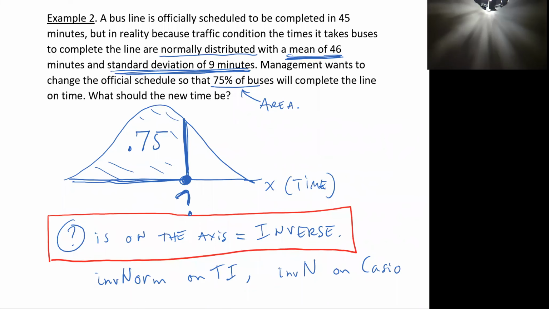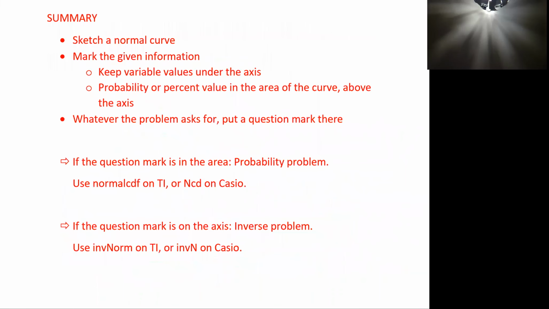All right, so let's summarize what we did. What we should be doing is we sketch a normal curve, draw a bell shape, and mark things on it. What are we marking? We mark the information that we're given. Anything that's a variable value, we keep it under the axis. Like a number line where you draw the axis and put the numbers under the line.